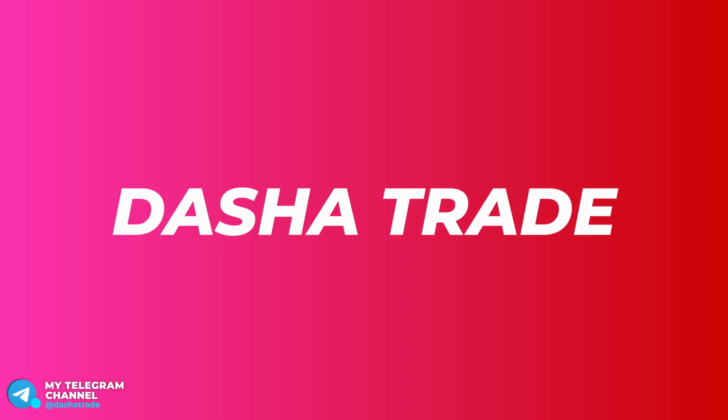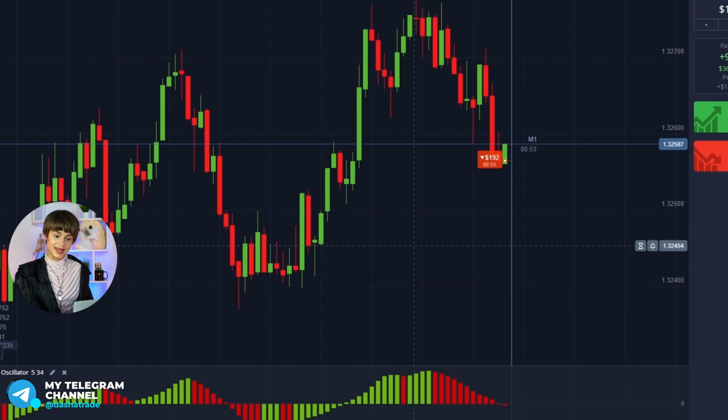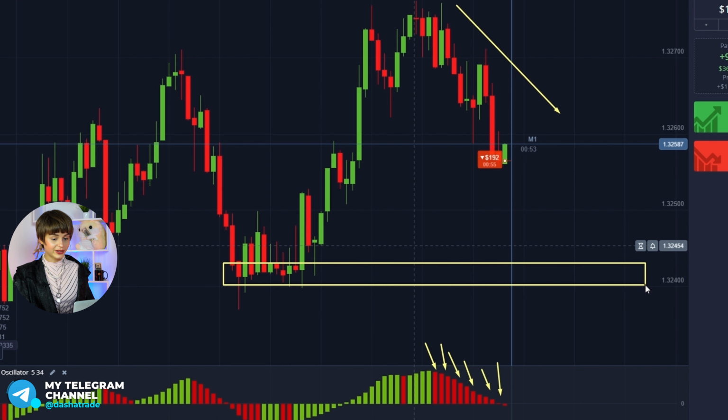We go on. Well, I open a deal with lower for 1 minute. In this case, firstly, I see the downtrend started. Secondly, I see an intersection on the indicator, while each red column is getting lower and lower than the previous one. Thirdly, I can point out there is a support zone at the bottom, which the price will likely tend to.